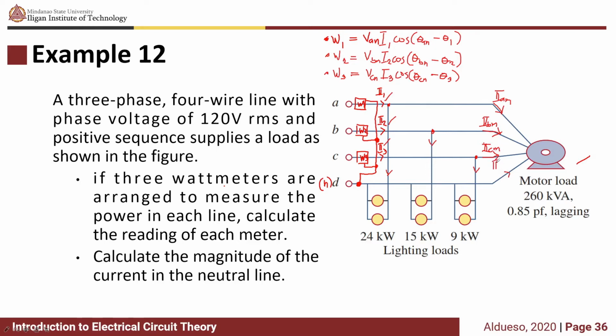Then we have IN and M. Let's label the current of the 9 kilowatt lighting load as ICL, current right here as IBL, and then we have IAL.